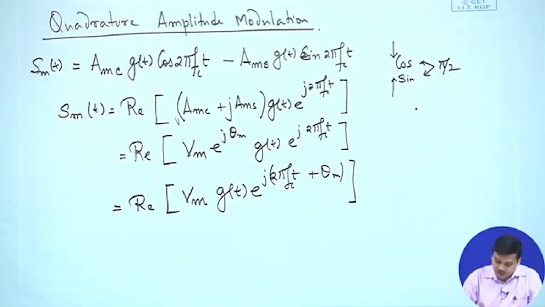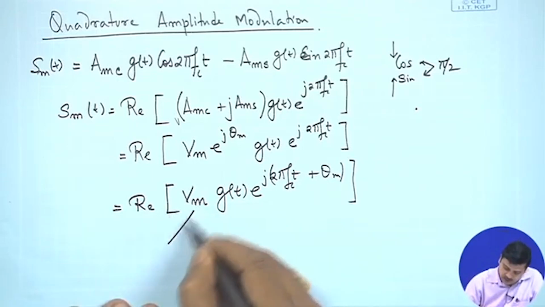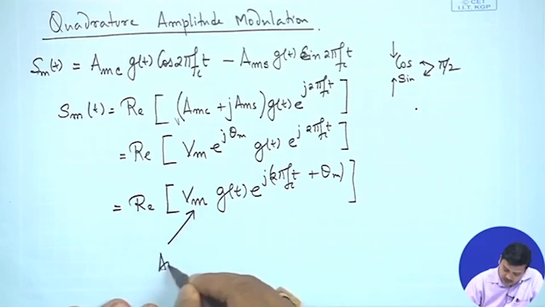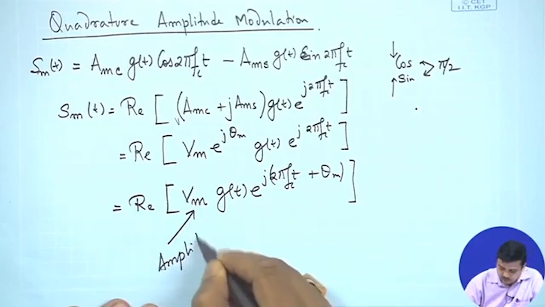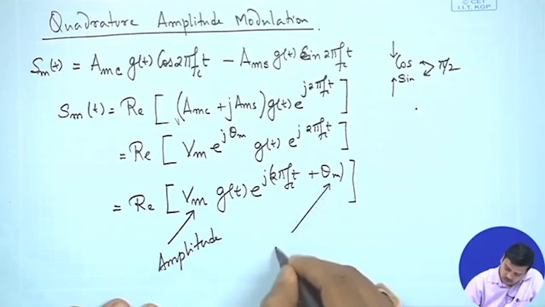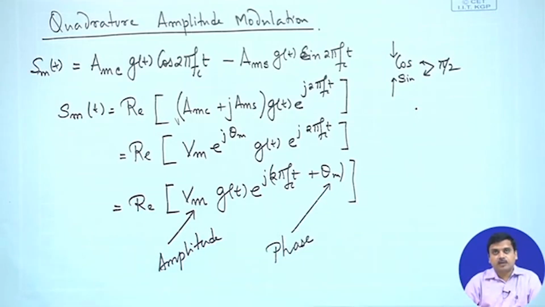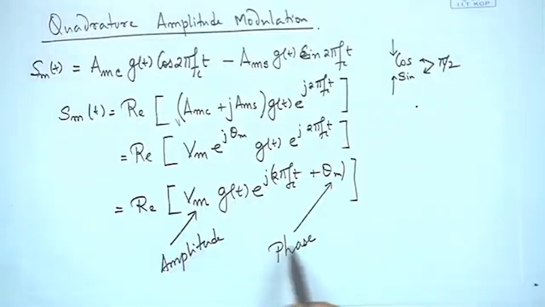So now you can see that from this expression there is an amplitude and there is a phase. So what we can get from this expression is that the amplitude V_m could be selected independent of the phase and vice versa.